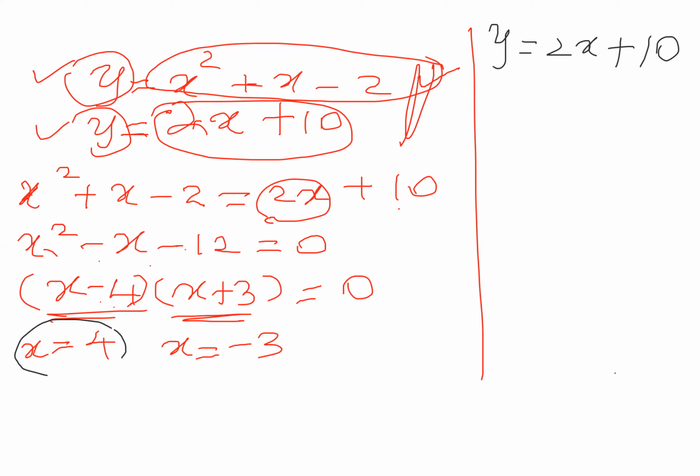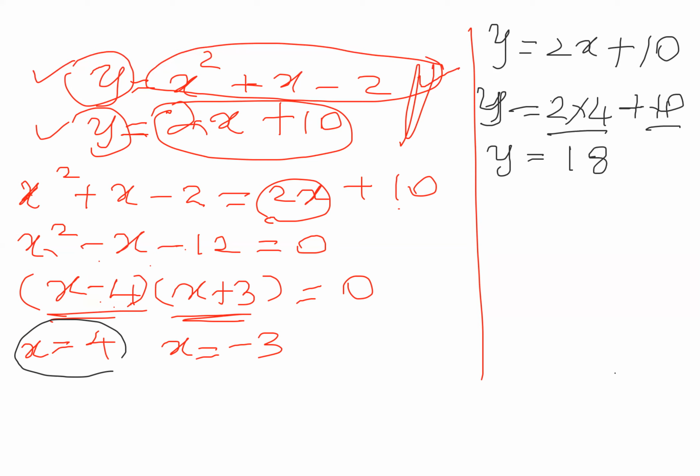So when x equals 4, y equals 2 multiplied by 4 plus 10. Then y equals 8 and 10, altogether 18.